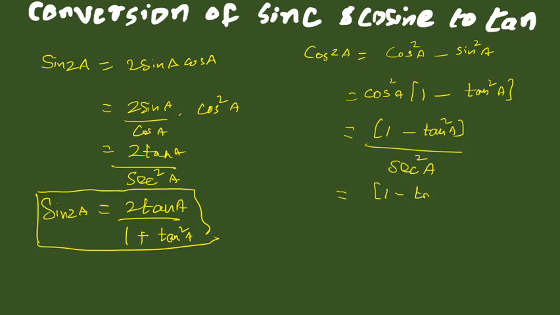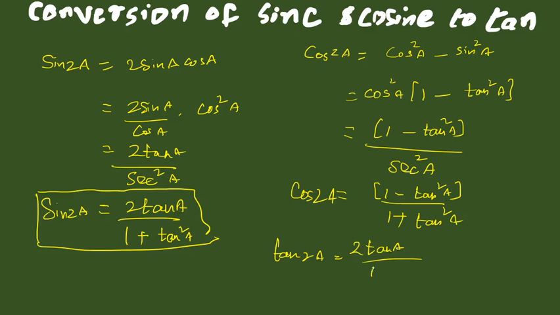So you get the next formula: 1 minus tan square A by 1 plus tan square A. This is cos 2A. Now, what about tan 2A, which you have derived before, but which is just a division of these two? The denominators cancel. I will get 2 tan A by 1 minus tan square A.